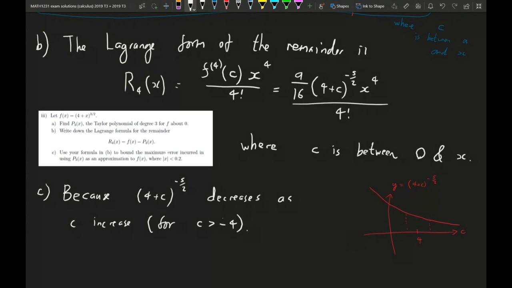Well, the question says that X is inside this range here. X has to be less than 0.2. So let's say, because we know that first fact, and because we know, well, I know that X is going to be between 0.2 and minus 0.2.